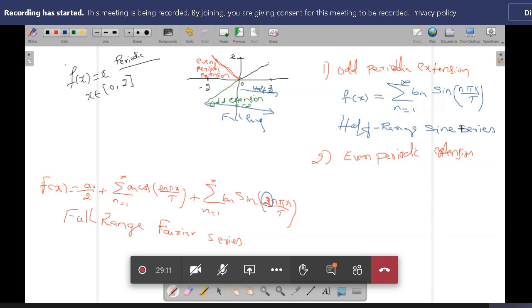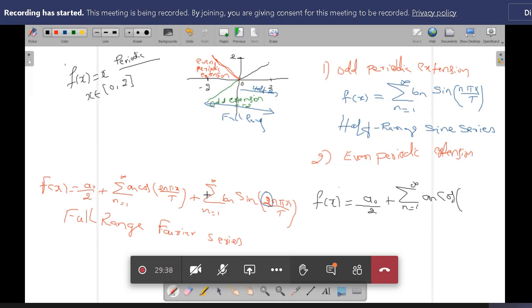The definition. Half range sine series. Similarly, again, if I say this is even periodic extension, that means it contains only the cosine terms. So therefore f of x is a naught by 2 plus summation n running from 1 to infinity a n cos.